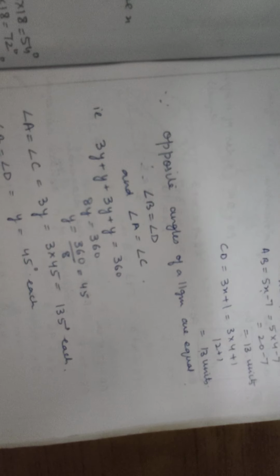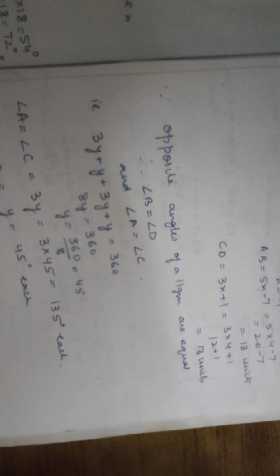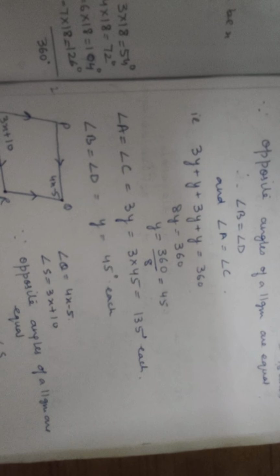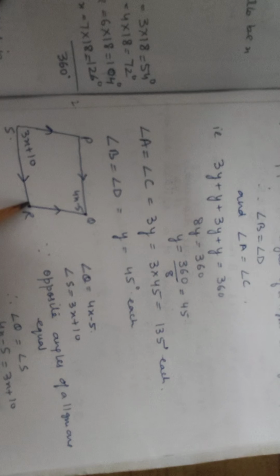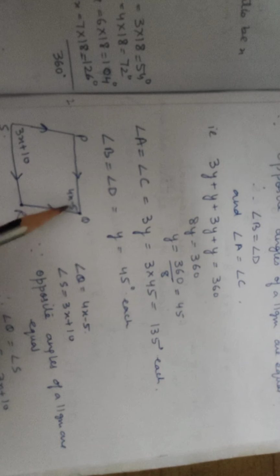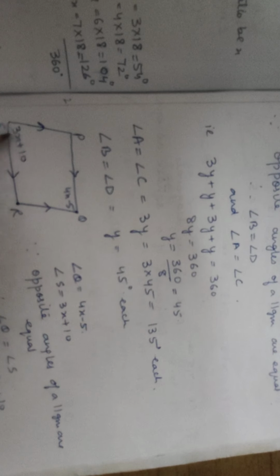In question number 2, you have a parallelogram PQRS. There are 2 angles given and these 2 are opposite angles.